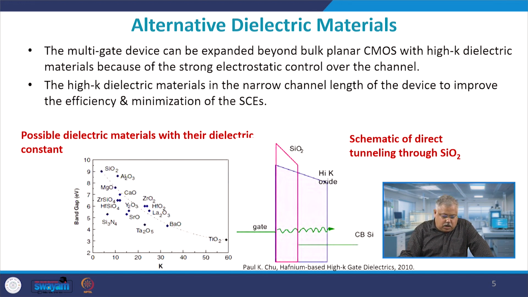Now, if you look at the capacitance performance, typically K should be over 12. So, it should be greater than 12, and the typical value of K is between 25 to 30.